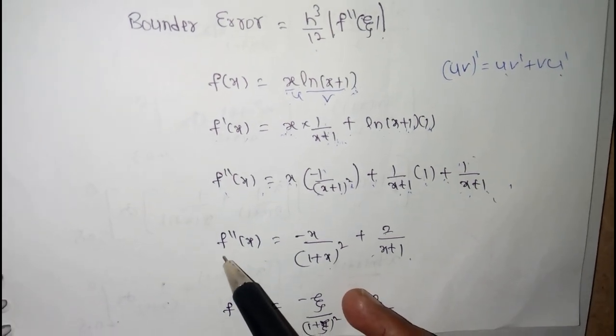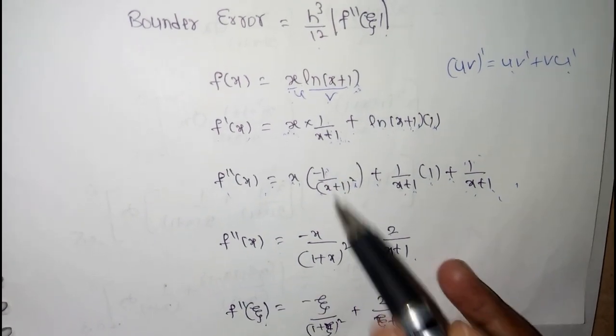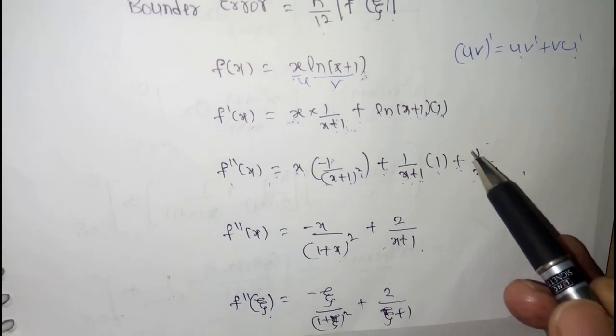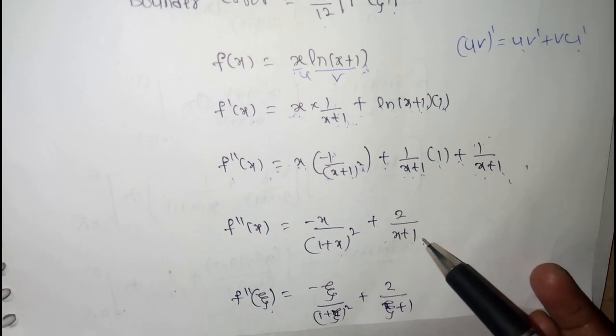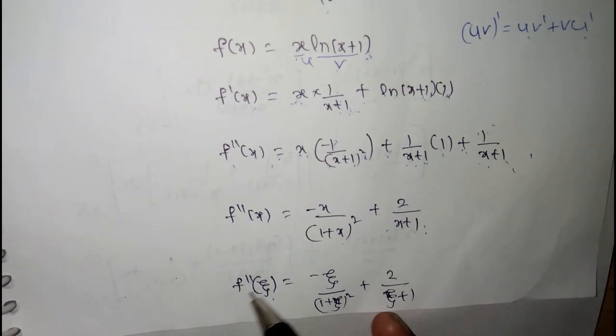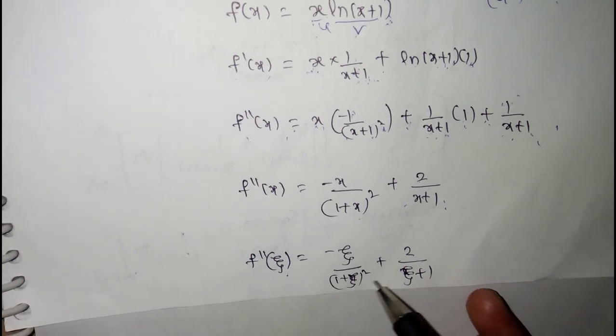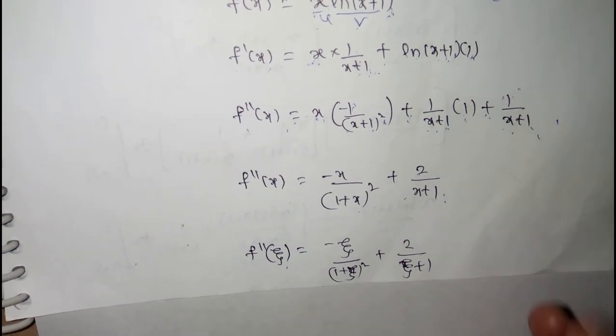Next, f double dash of x equals -x/(1 + x) whole square plus 1/(x + 1) plus 1/(x + 1), that is 2/(x + 1). So f double dash of xi equals -xi/(1 + xi) whole square plus 2/(xi + 1).